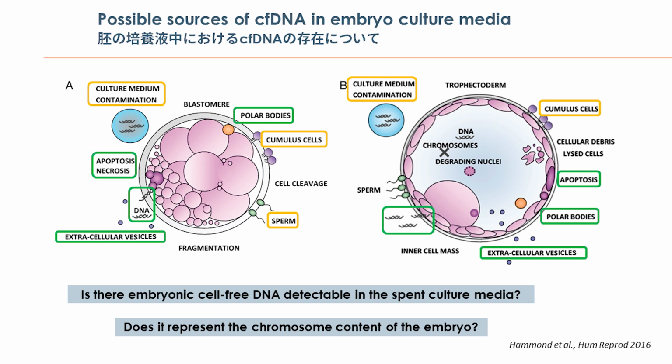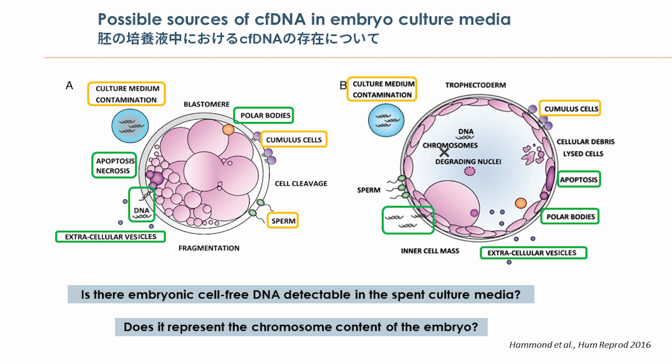We should take care about the cumulus cells because they are female XX and they can really amplify. We should take care about polar bodies. We don't know the amount of DNA, or if there is DNA in these extracellular vesicles, but maybe there is DNA inside.